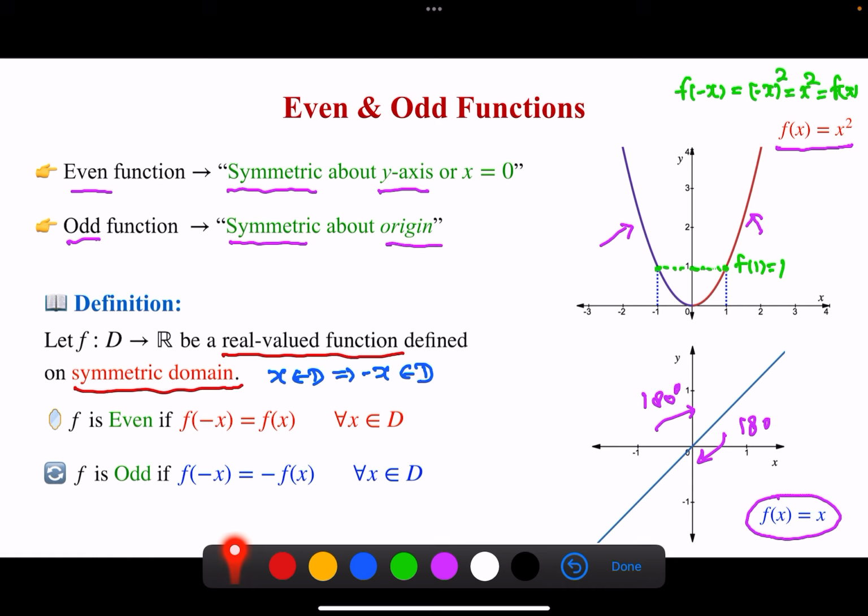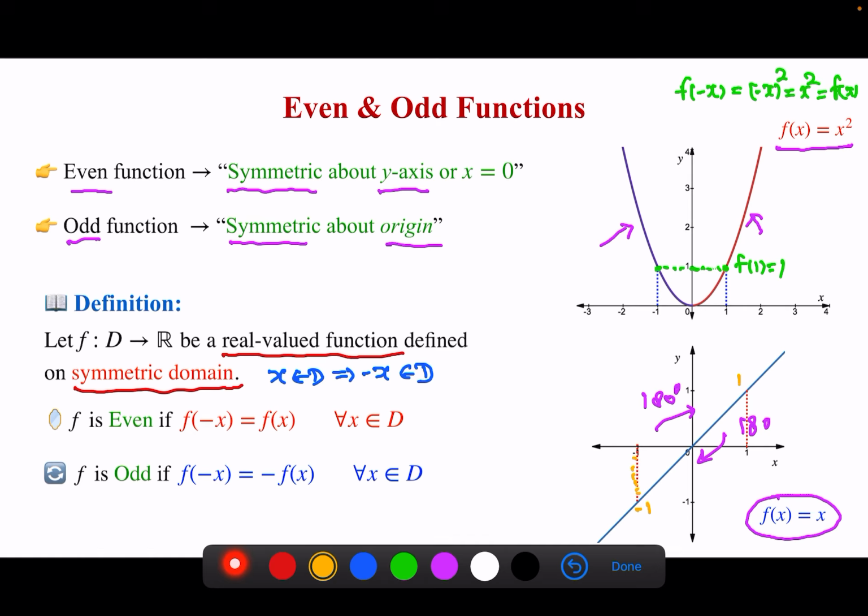A function is called an odd function if f of minus x equal to minus of f(x) for all domain values. It means the function value at minus x is the negative of the function value at x. See the graph of function f(x) equal to x. Here the function value at minus 1, which is minus 1, is the negative of the function value at 1.